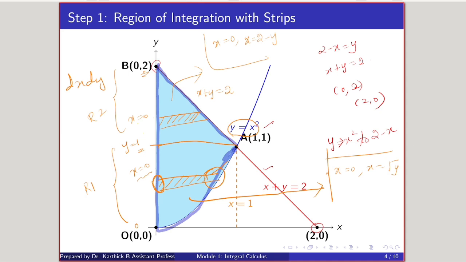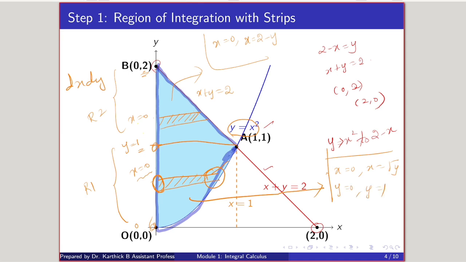So accordingly, we have to find another limit for the variable y. Just see this first region: y varies from 0 to 1.